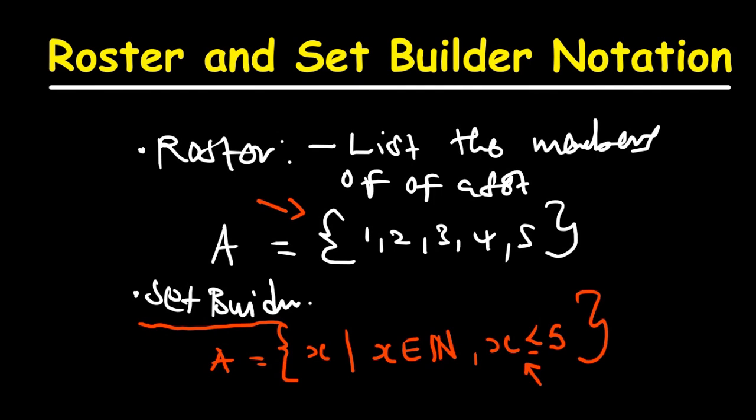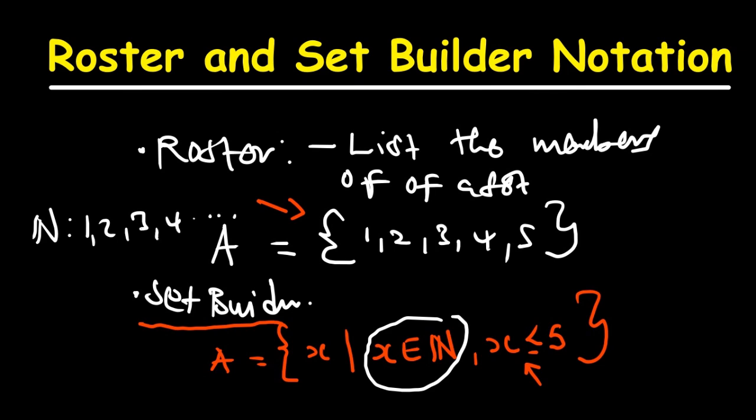Someone might be confused because of what I've written here: x is a member of natural numbers. From our previous lessons, we said that the set of natural numbers contains elements that start from 1, 2, 3, all the way up to positive infinity.